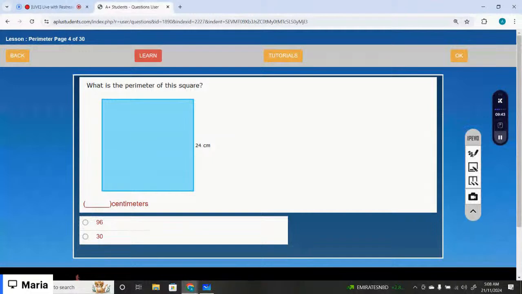What is the perimeter of the square? A square has all four sides equal in measurement, right? So if one of them is 24, that means the rest of the three are also 24. So the perimeter of the square is 4 times side.